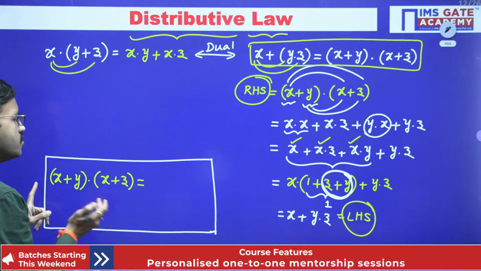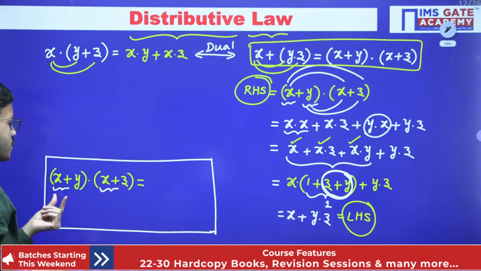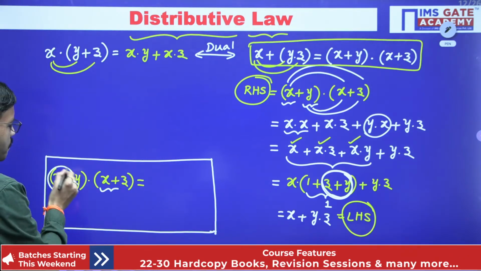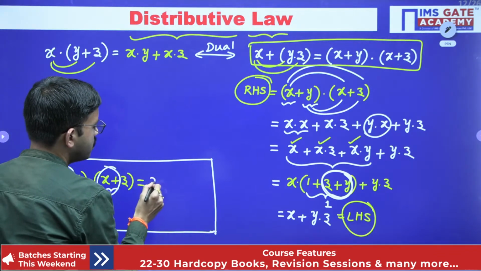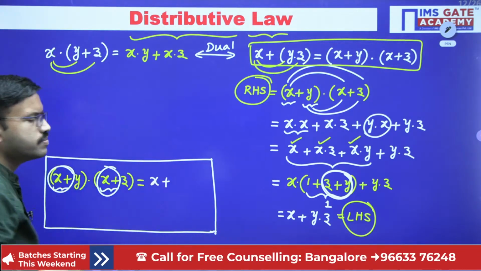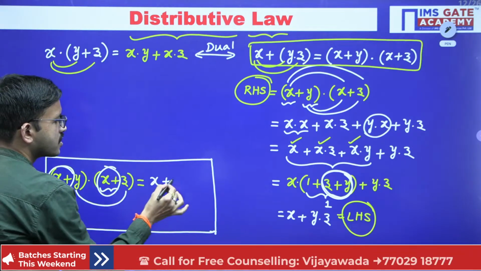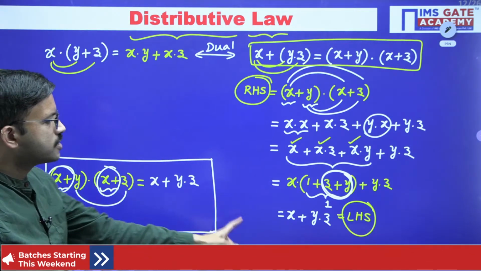Just carefully observe, in both the brackets you have x plus something. In both the brackets, x plus is the same, right? So copy that term as it is, and then you can perform logical AND. That's all. x plus yz.